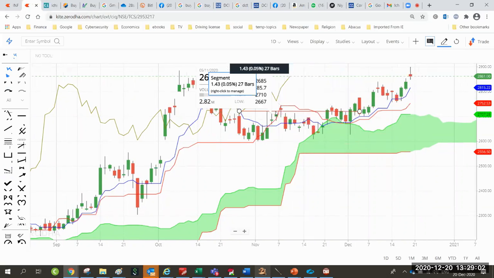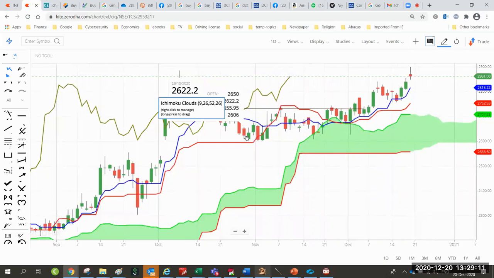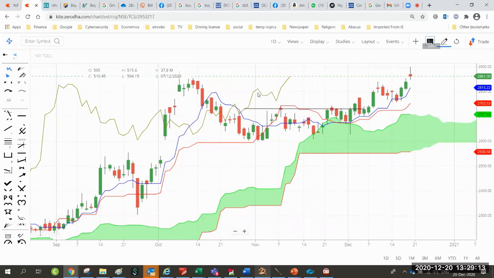So you move this one on this particular date. Here, this particular date, which was typically 28th, you can see the date here. So on 28th the Chiku span was clear and you go ahead.